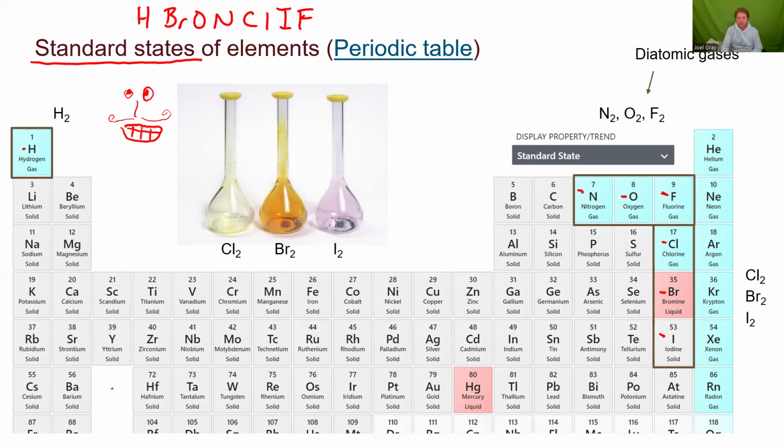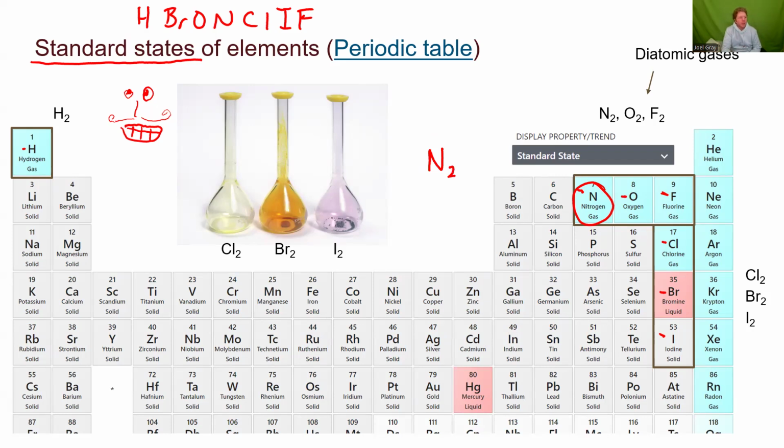Like at room temperature, with nitrogen, for example, you're never going to see a neutral nitrogen atom just floating around. Instead, it's going to find another nitrogen atom and form N2 gas.